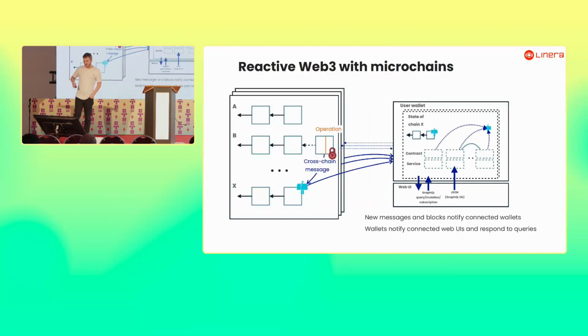All right. So now, wrapping up, what does it look like, Reactive Web3, when you have microchains? So you have a user wallet that is maintaining a connection with the validators, that is able to propose new blocks, getting them approved by the validators, and getting quick finality for those blocks.